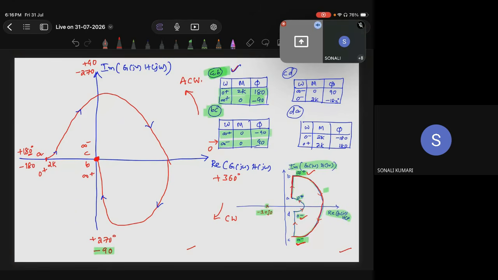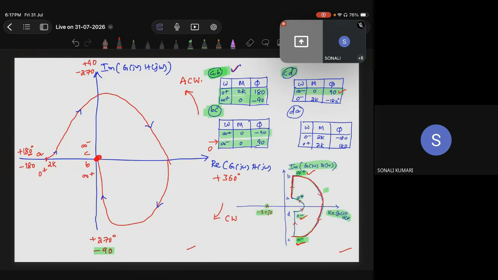Next, CD. What do we do? We start at infinity minus, that is point C. Same point, this point only. And we end up at 2K minus 180. Again, you are at 90 degrees.